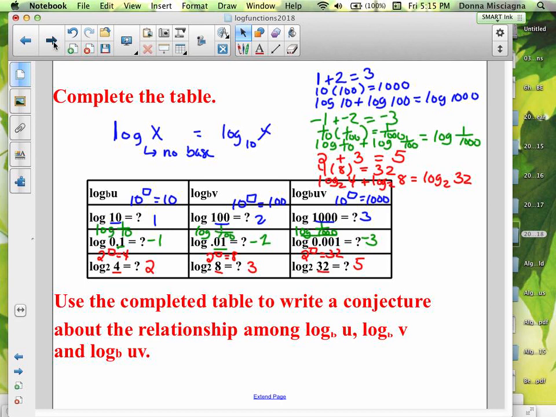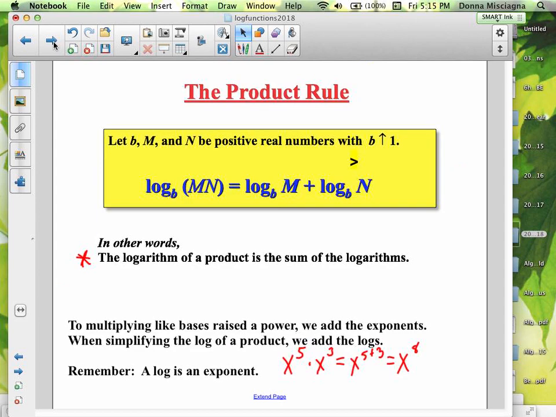So I hope you enjoyed that little activity, and I hope that will make this next slide make lots of sense. I'm waiting for it to change any day now. There we go, the product rule. All right, so let b, m, and n be positive real numbers. So we have log base b of some product.